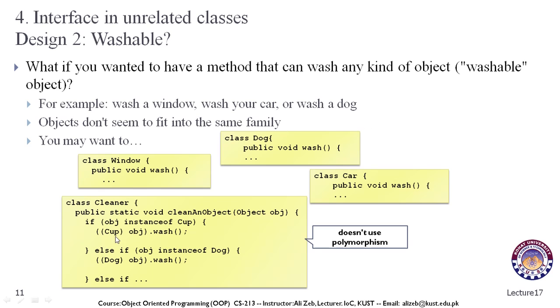Maybe we can use typecasting, where we convert an object of one class into another class and then try to call the wash method of the cup class on that object, as we are doing here. So we have a situation where we have completely different classes, and all of those classes are trying to call and use the same wash method.